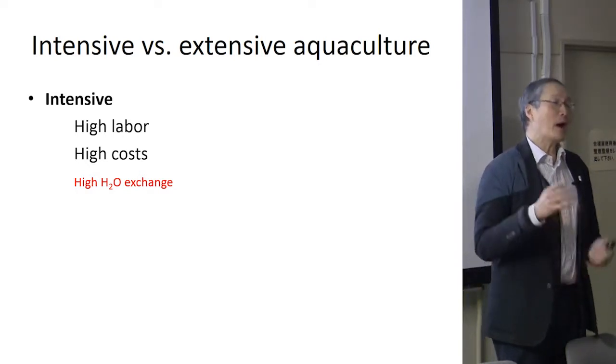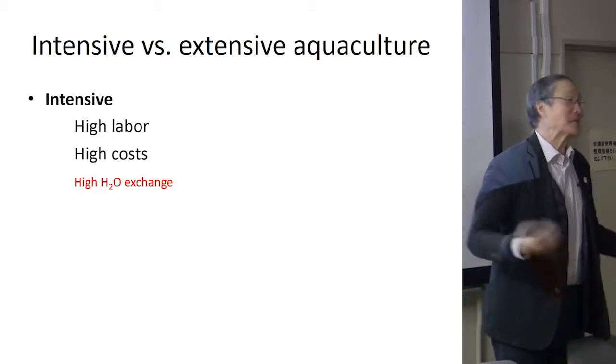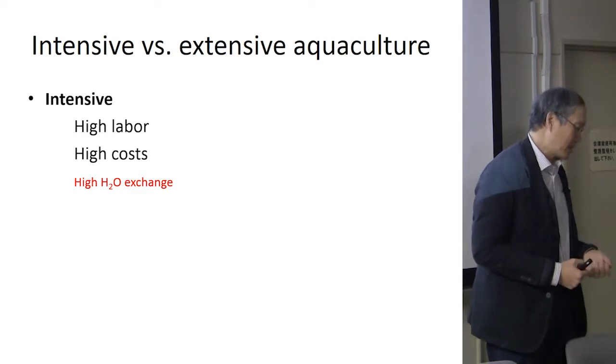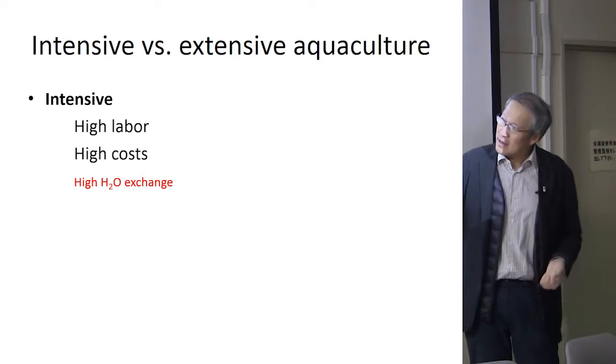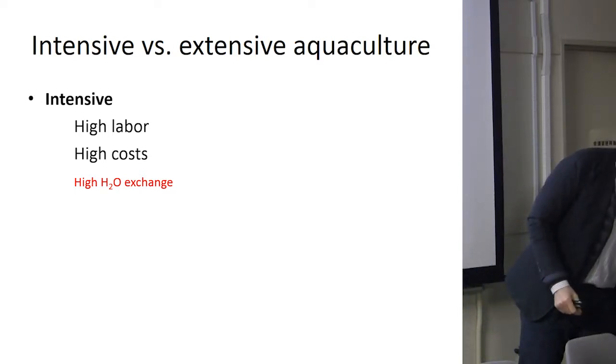Now, if you have high cost, what will happen? The product will be more expensive because you want to recover the cost that you put. Inside the environment, you will also have high oxygen exchange.